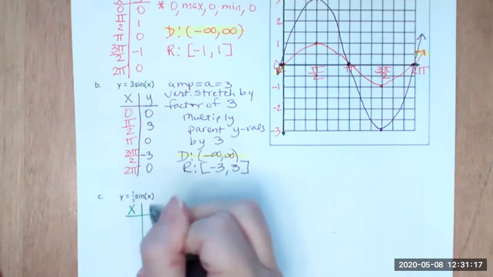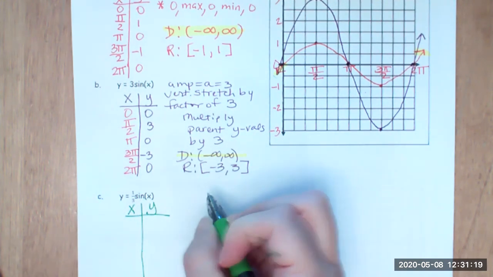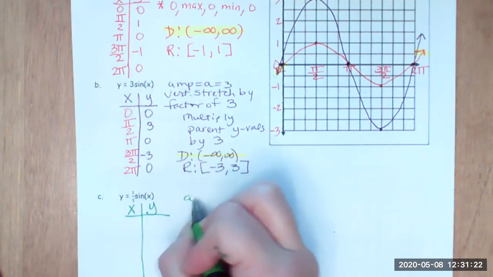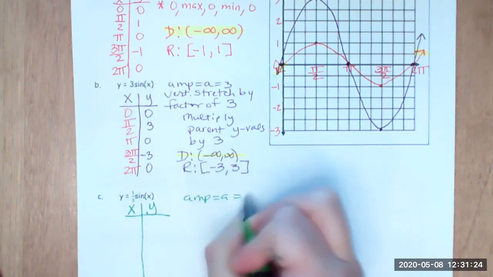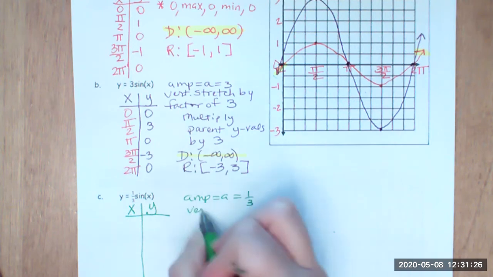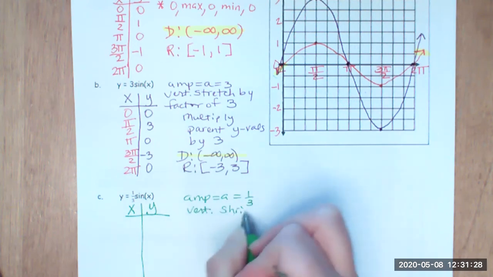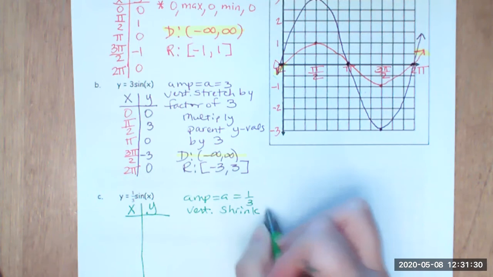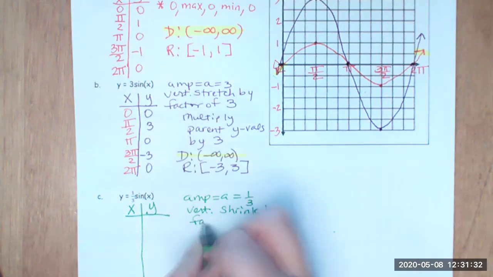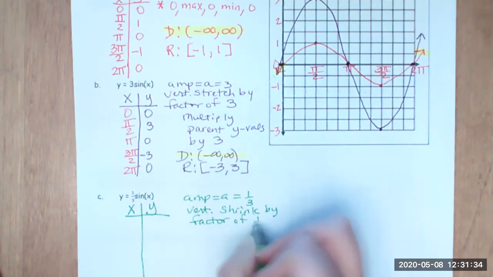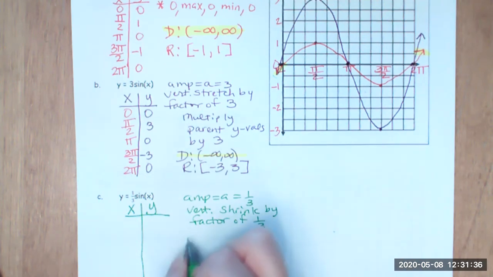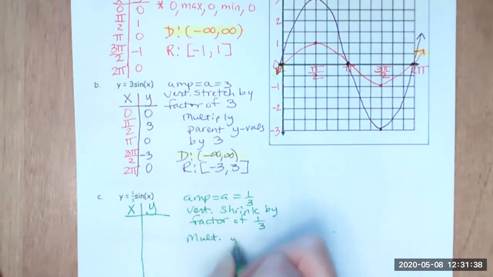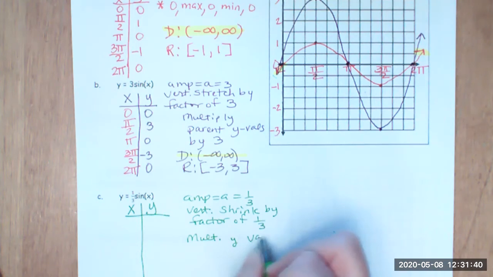All right. So, of course, here we have an amplitude of 1/3. And we have a vertical shrink by a factor of 1/3. So of course, we're going to multiply the y values of the parent by 1/3.